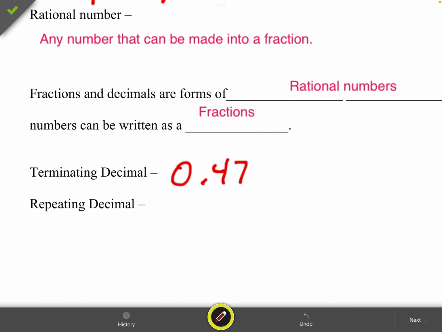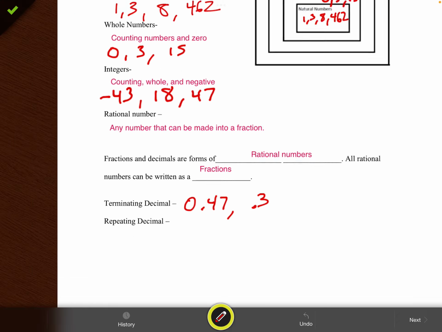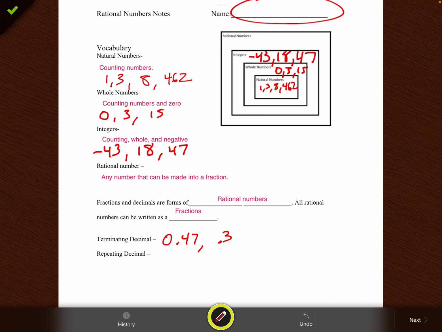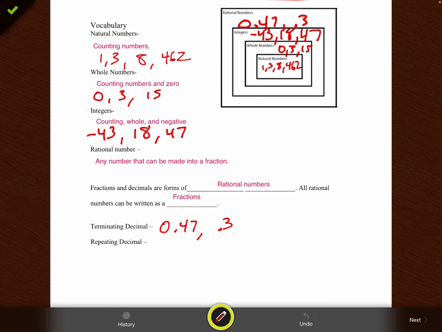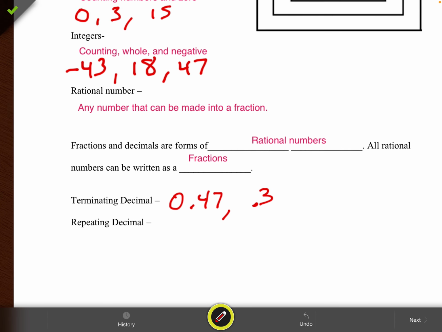That decimal does not keep going. We have 0.3. Those are just some examples that I'm going to include in my rational numbers chart. I have 0.47 and 0.3.